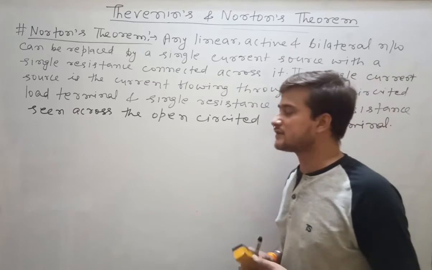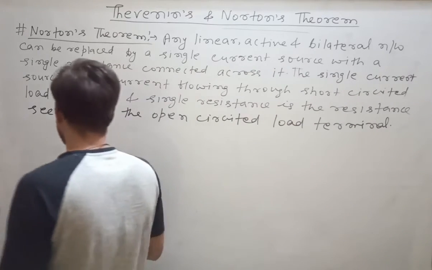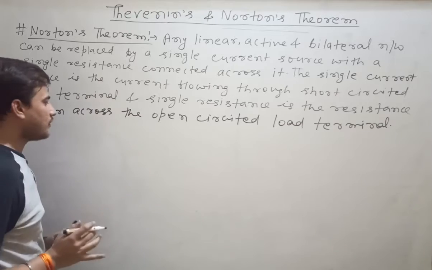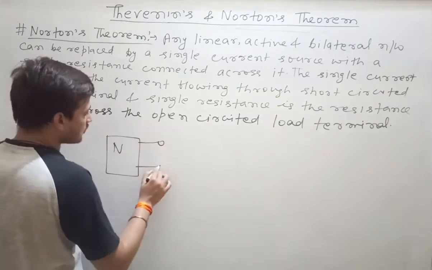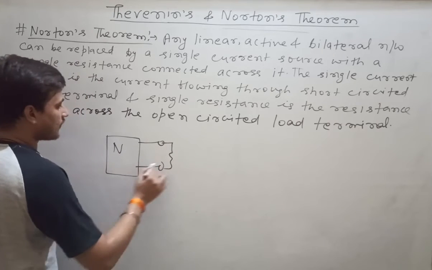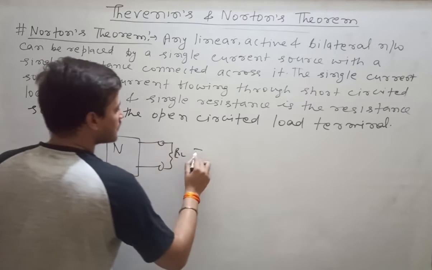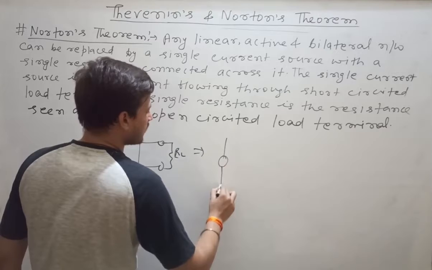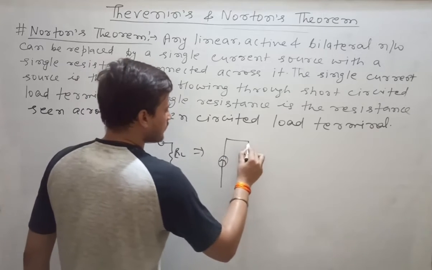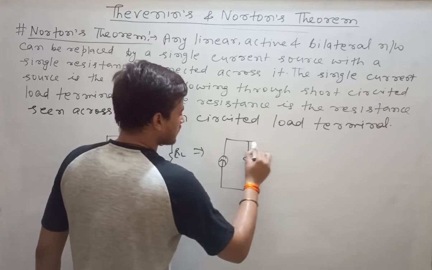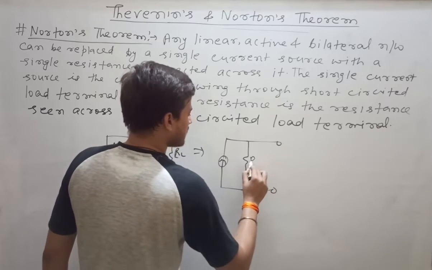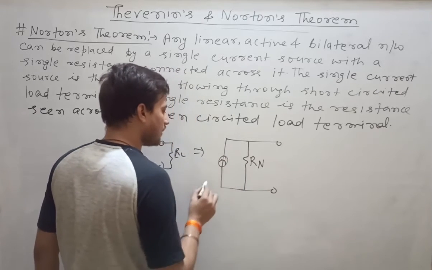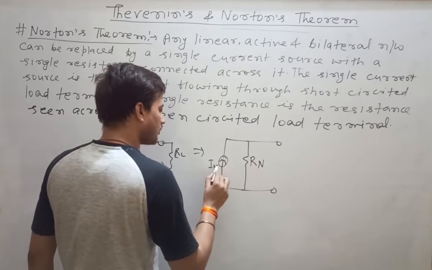If a complex network is given to you and a load is also connected across this network, this network can be replaced by a single current source with a single resistance connected across it. This resistance will be called Norton's resistance Rn, and this current will be called Norton's current In.